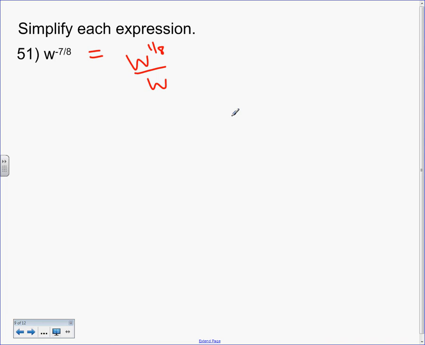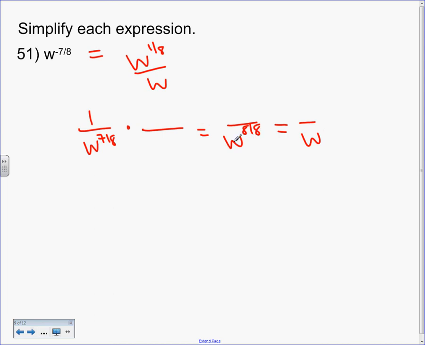Does anyone need me to work 51 out for you? Are you sure? Okay. Oh, okay, sorry. Do you want the fraction way or the root way? The one from today? So we need to start like this. I'm going to multiply by something so I get 8 over 8, which is 1. Are you good with that?